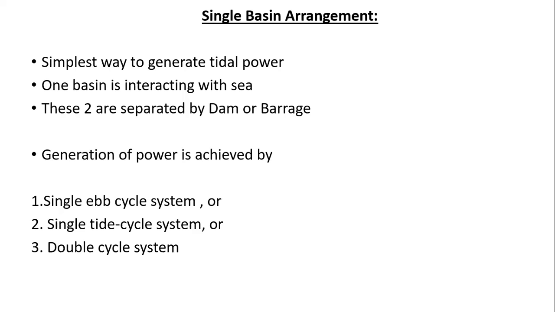This gap and barrage embodies, that means includes, a number of sluice gates and low head turbine sets, etc. Generation of power is achieved by any of these three arrangements: first, single upcycle system; second, single tide cycle system; and third, double cycle system.